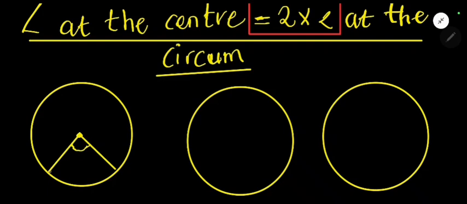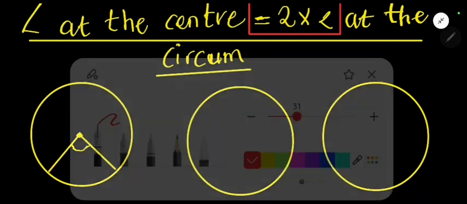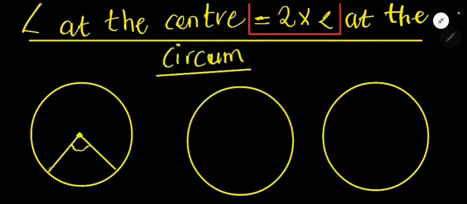We are saying that the angle at the center is twice the one at the circumference.